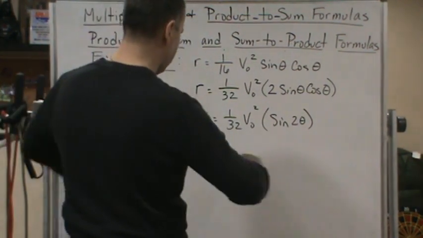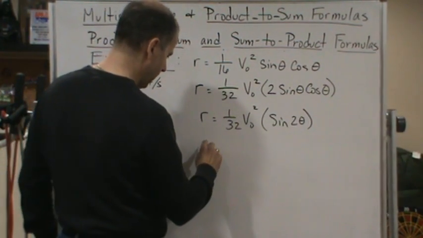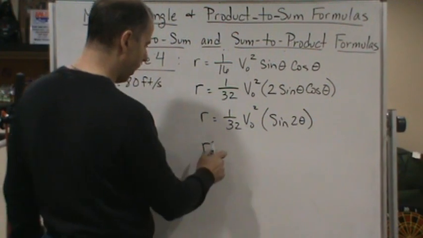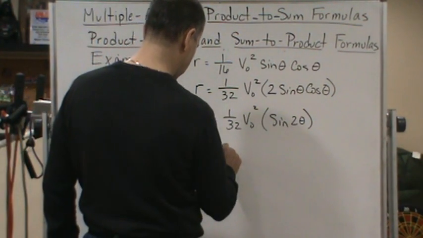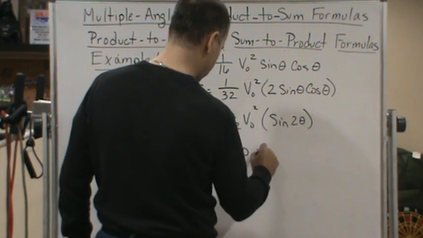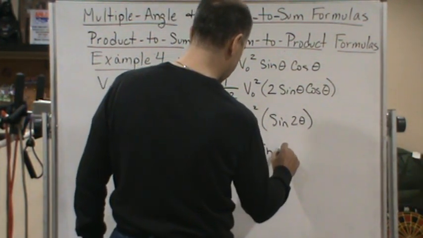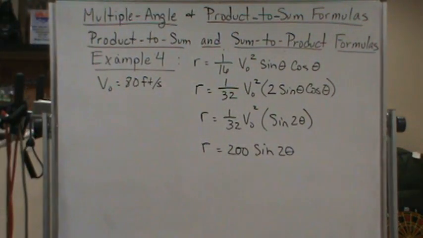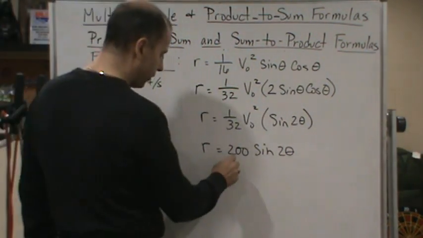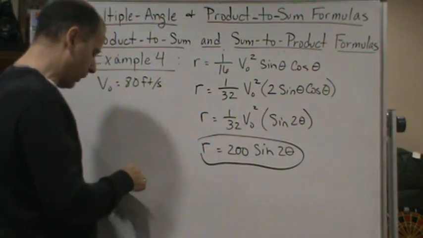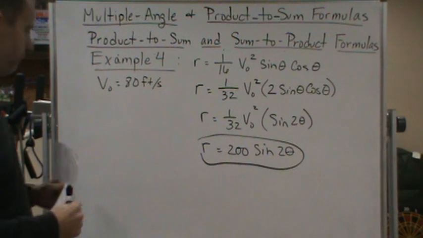R equals 200 sine 2 theta. On your calculator, you would graph this equation, that formula.